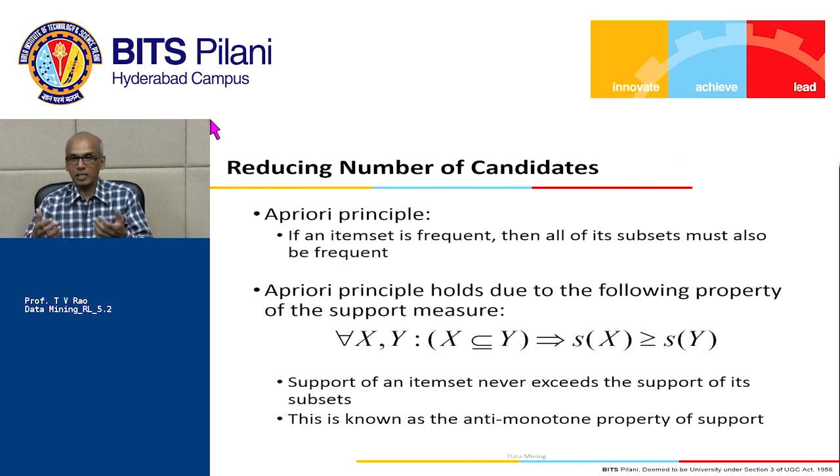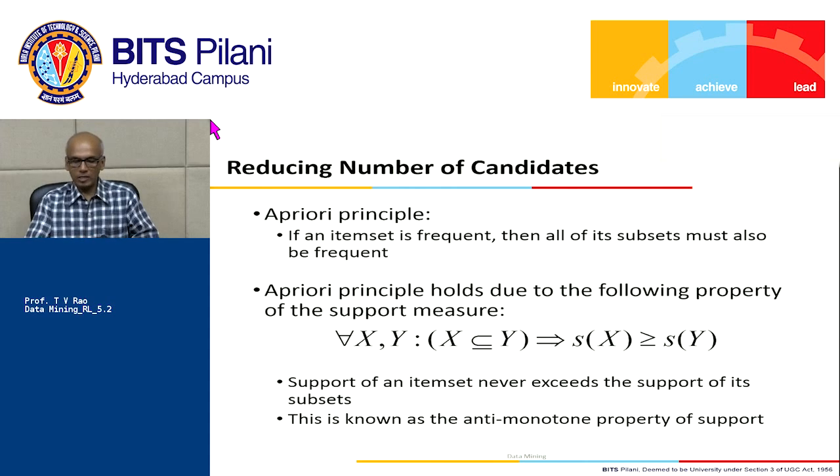Let's say the support level is 100 transactions per day. So if there are more than 100 transactions which have bread and milk, you can immediately conclude that there are more than 100 transactions which have bread, or milk, because bread and milk put together already have more than 100 transactions, which is your minimum support. So the Apriori principle is that simple.